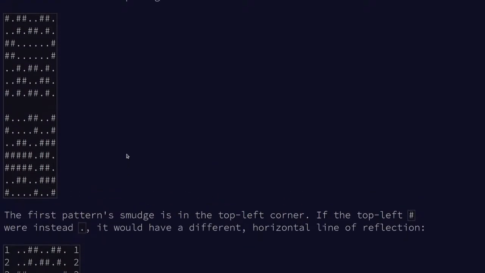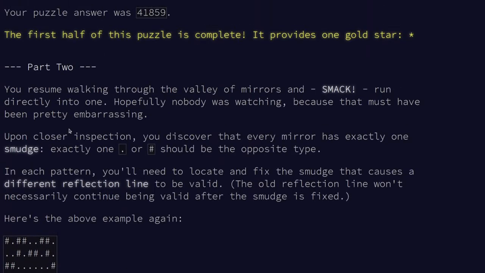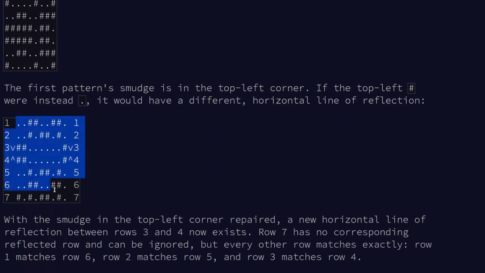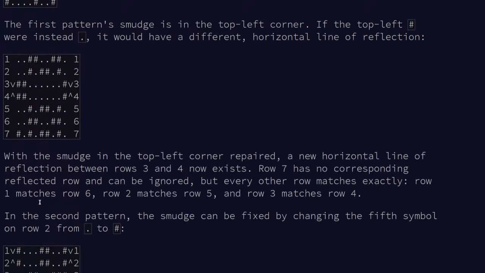The only doubt that I have now is they say that they changed this one character in this grid by this hash to a dot, which resulted in this, and this gave horizontal line, right?